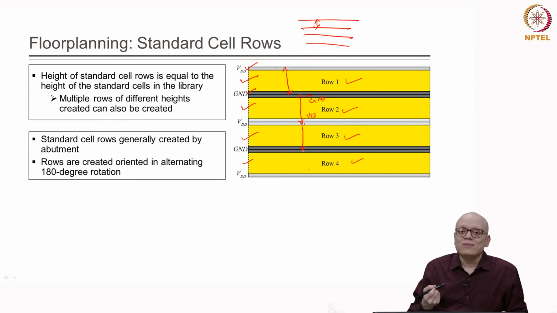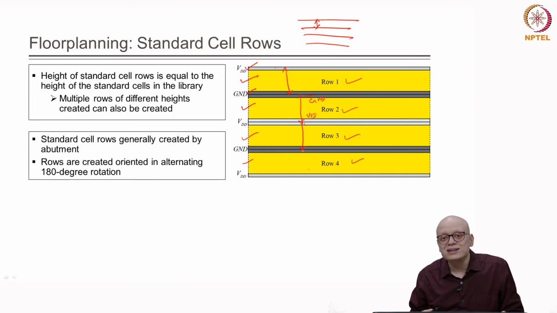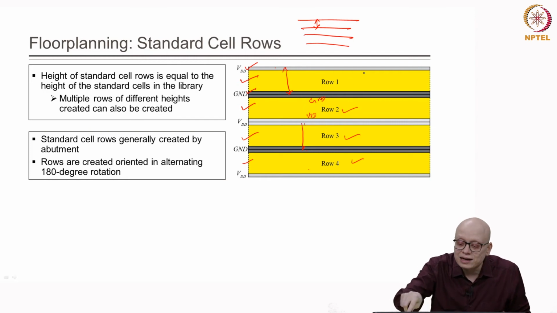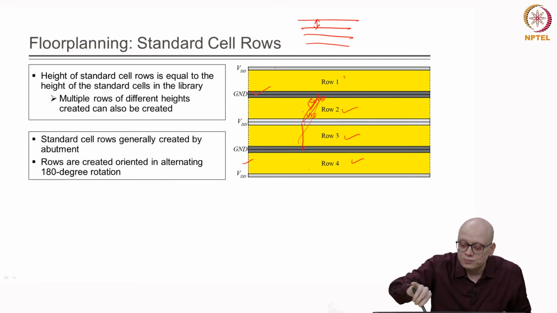Now, what benefit do we get out of this orientation? The benefit is that the same ground line can be used for both row 1 and row 2, right.